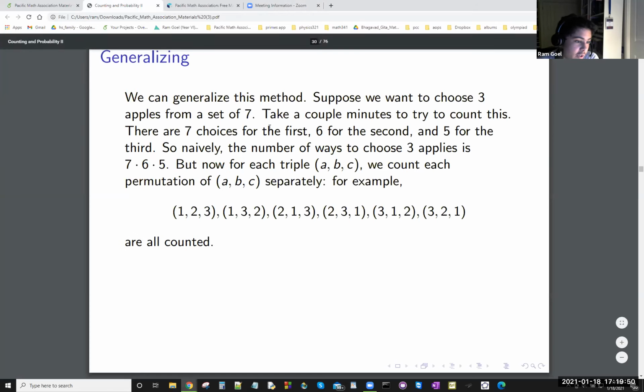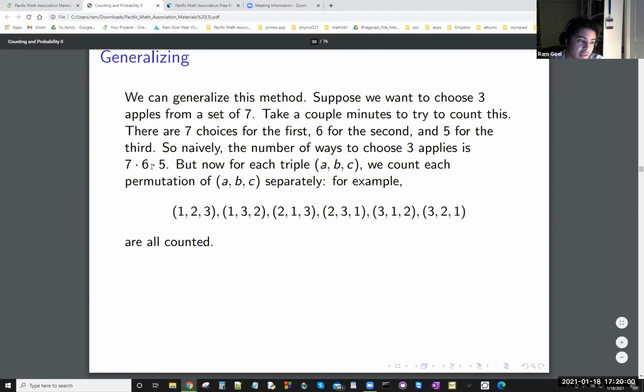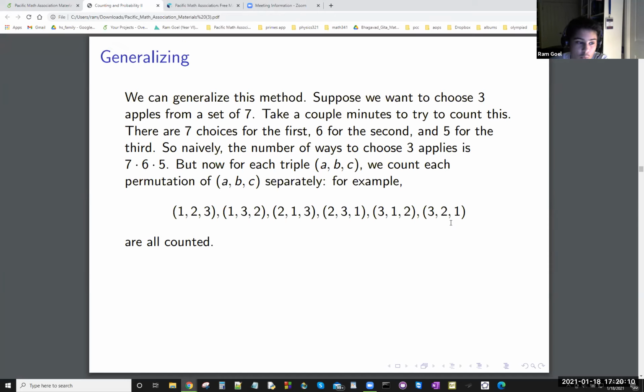But now, this one's a little more complicated. For each triple A, B, C, we count each permutation of A, B, C separately. So in this list of 7 times 6 times 5, we'd be counting 1, 2, 3; 1, 3, 2; 2, 1, 3; 2, 3, 1; 3, 1, 2; and 3, 2, 1. These are the 6 permutations of 1, 2, 3. We'd be counting all of these separately in the 7 times 6 times 5.